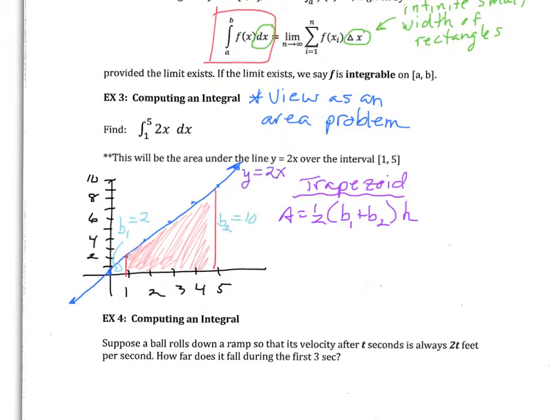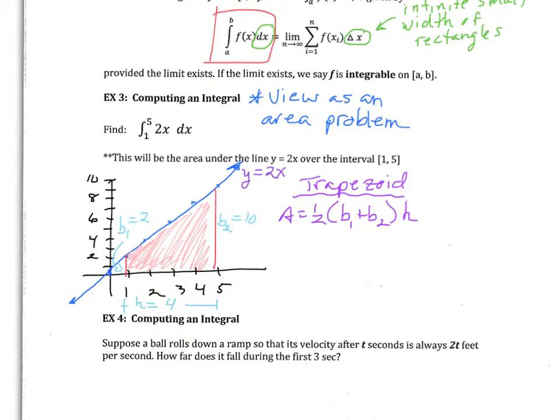Now the only other thing we need is the height of the trapezoid itself. The height of any figure is always the distance between the bases. These are the two bases. What represents the distance? From here to here. Yep, so from 1 to 5 on the x-axis, what's that difference? 4. So the height of the trapezoid is equal to 4 units. How do I know it's from 1 to 5? That's the interval, from 1 to 5.